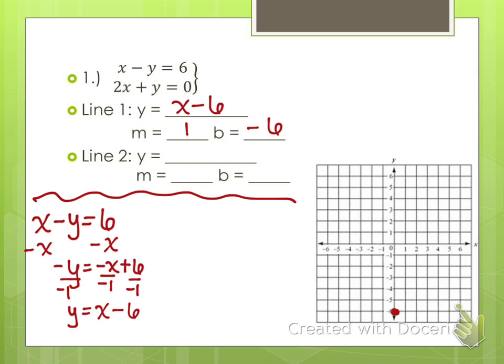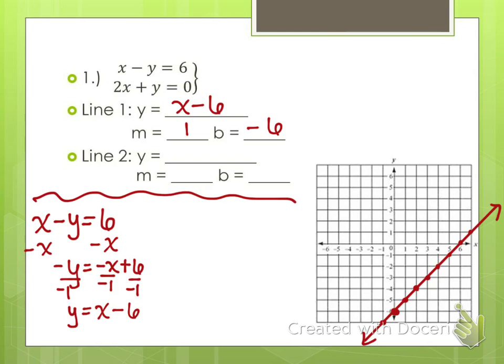So up 1 to the right 1. And remember, I like to make lots of points here so that I can see all the places on my graph that that line will go. Now you don't have to do it on this one. There aren't a lot of points to get, but instead of going up and right, I could also go down and left. Just one little point there. All right, let's go ahead and graph that line before we move on to line number 2. There we go.